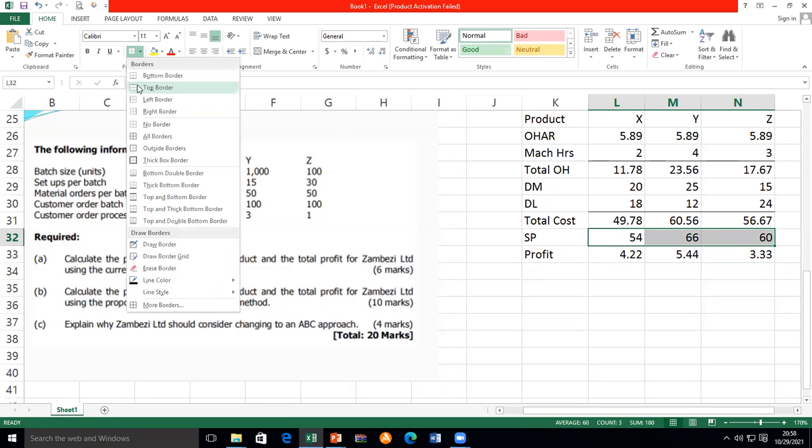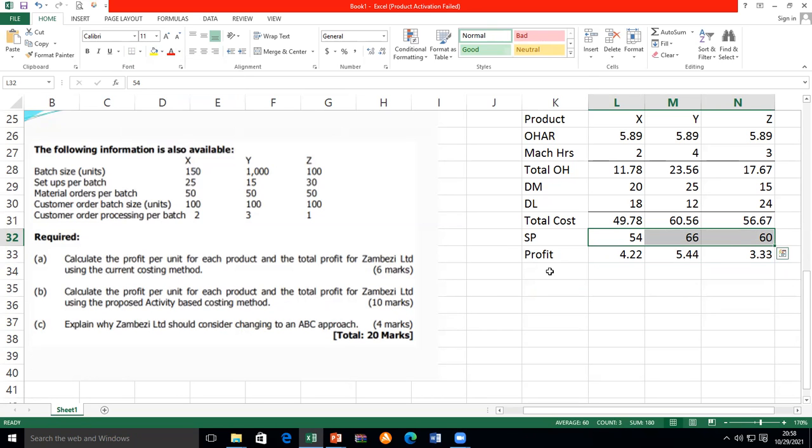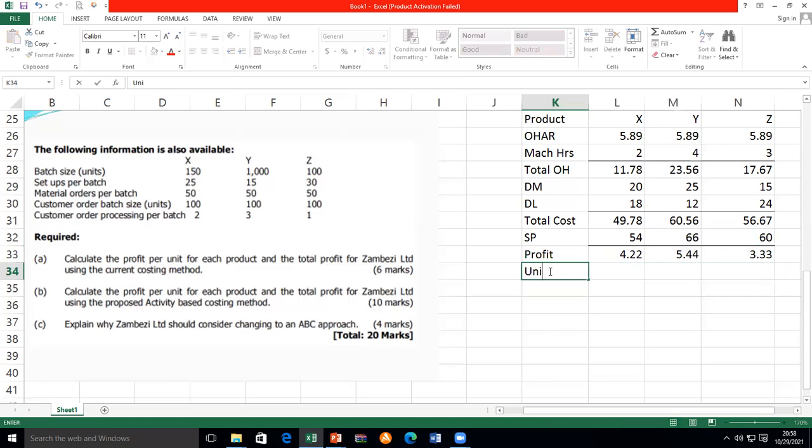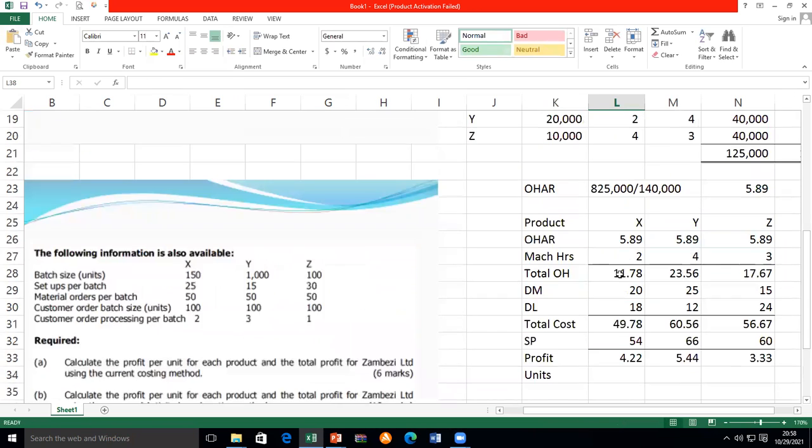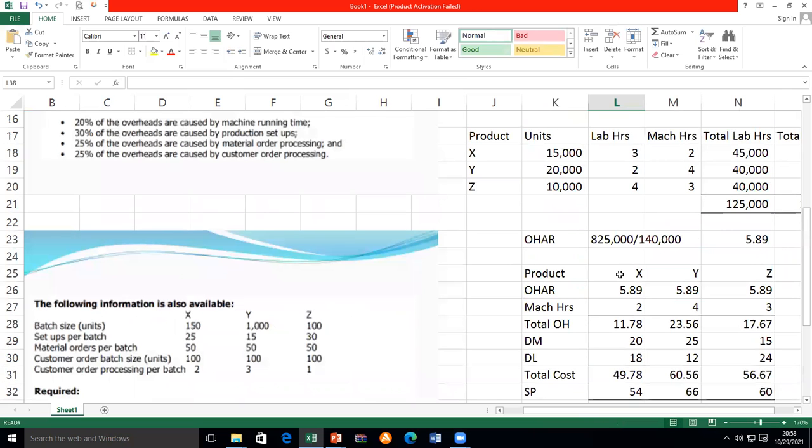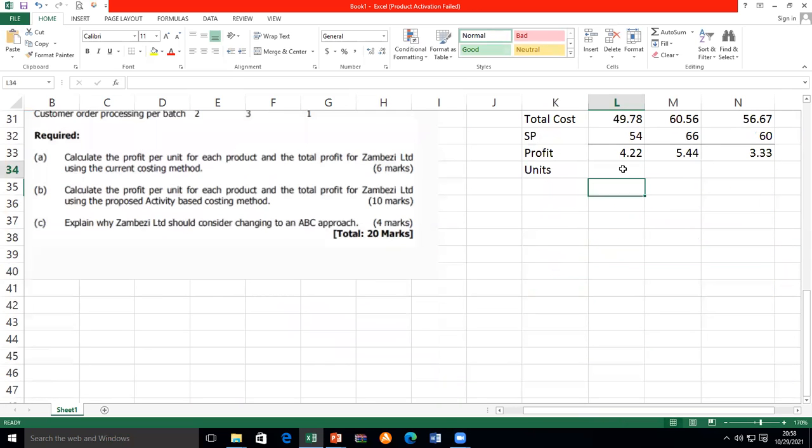Let's bring it in by bringing the units: 15, 20, and 10.